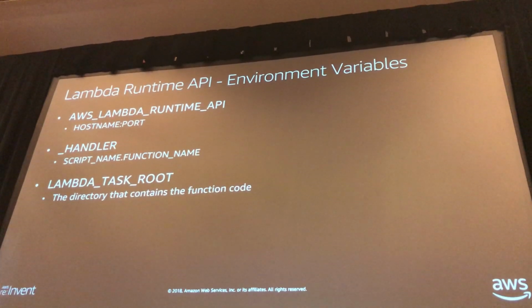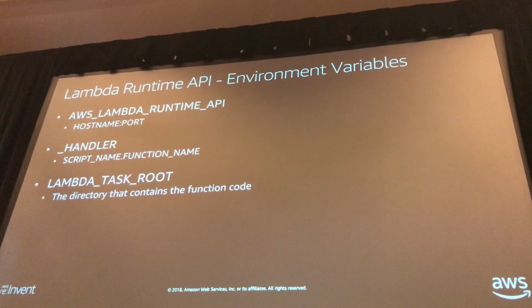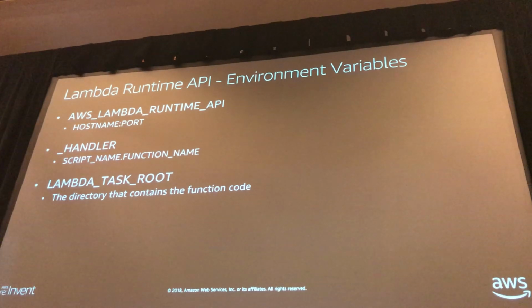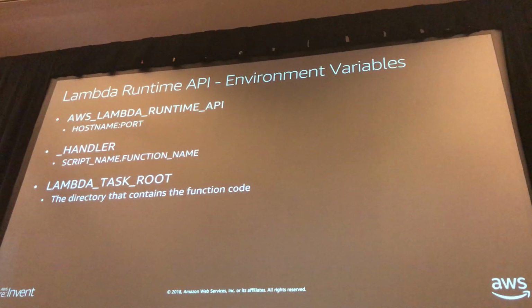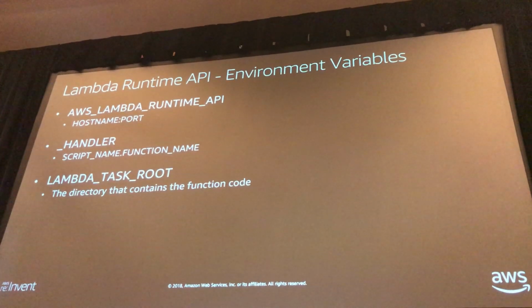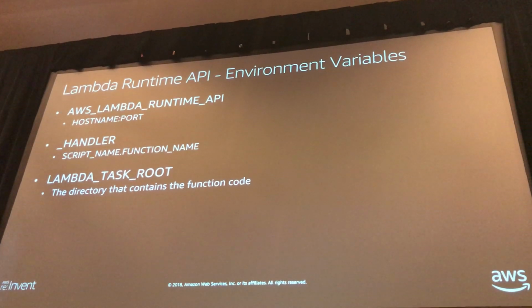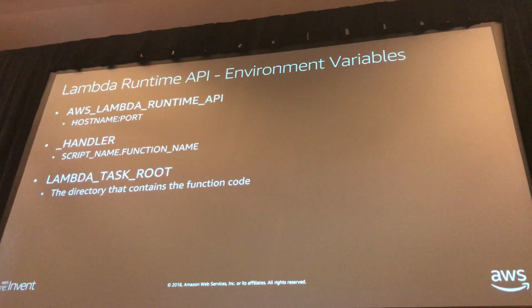The _HANDLER variable contains the handler of the Lambda function using the normal syntax. So the normal syntax is script name without extension and then function name, the same handler that we always had with Lambda. And this is how the bootstrap will know the handler. And LAMBDA_TASK_ROOT is the usual variable that tells where the function code is. This has not been changed.